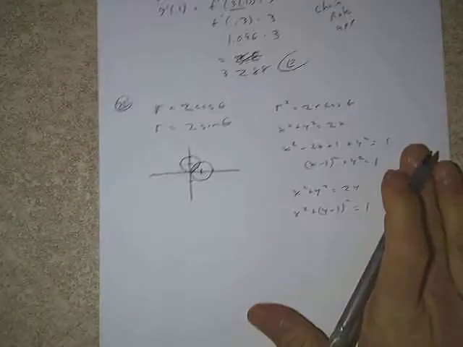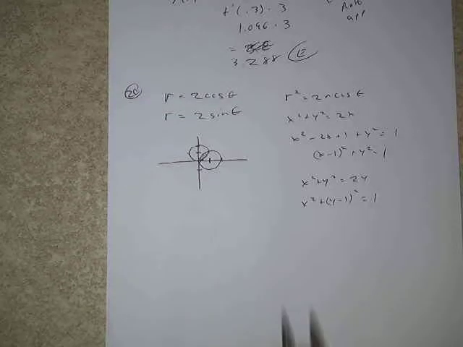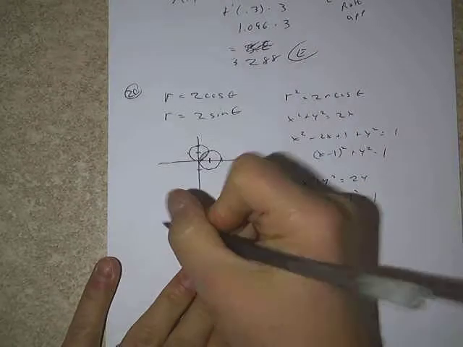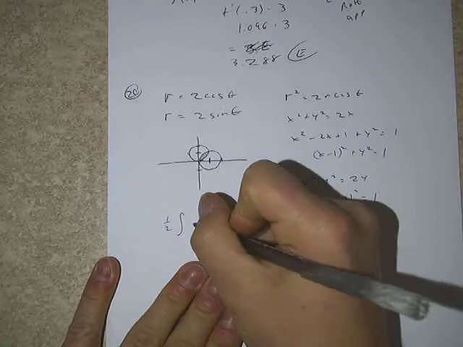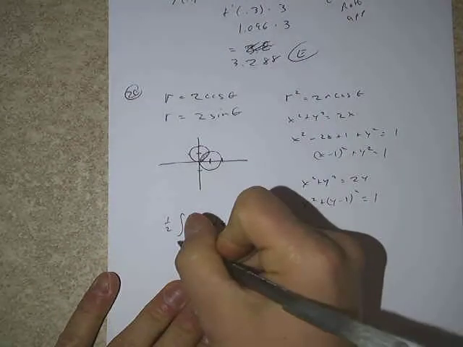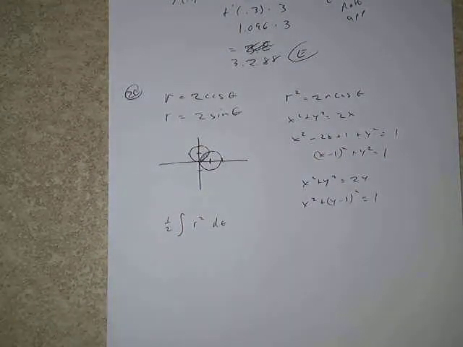Alright, so knowing that, if we are going to find the area of that region, what we want to do, remember, is our formula in polar in general is going to be 1/2 times r squared d theta from some theta to some theta.